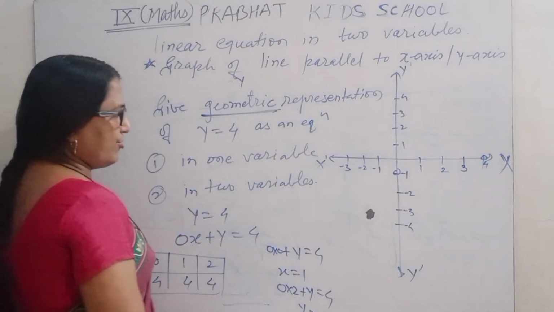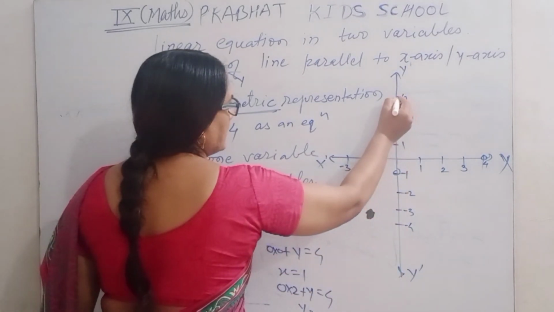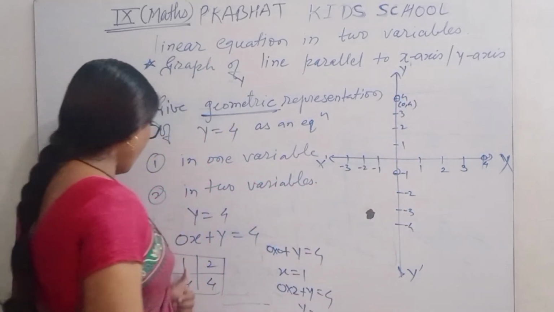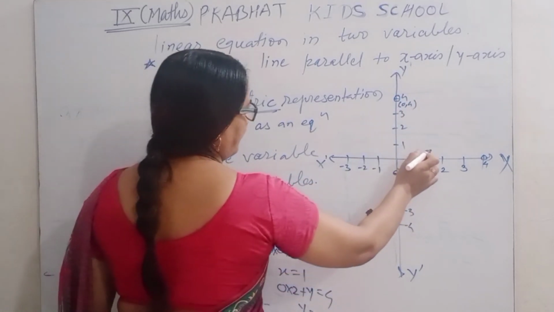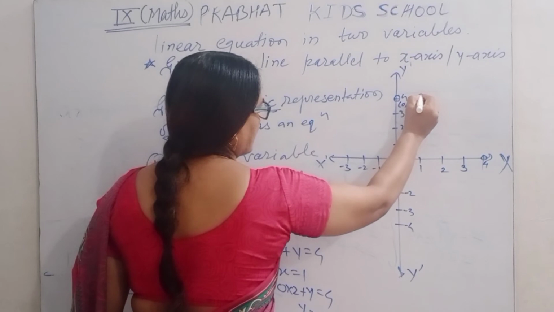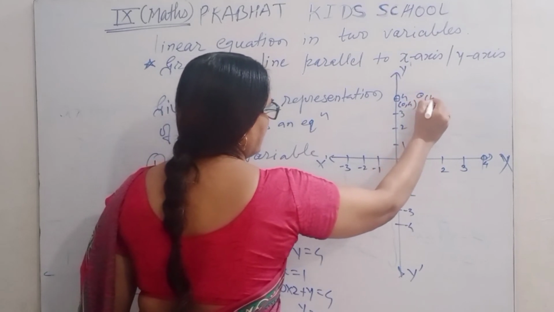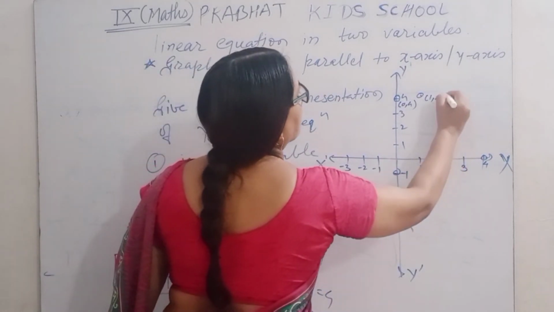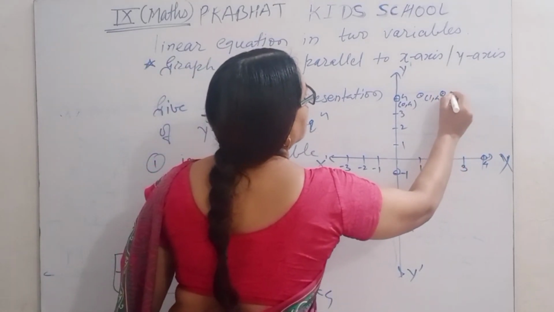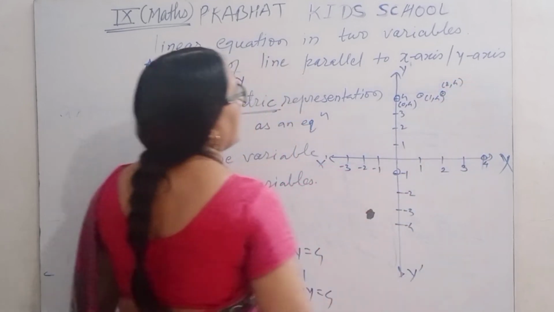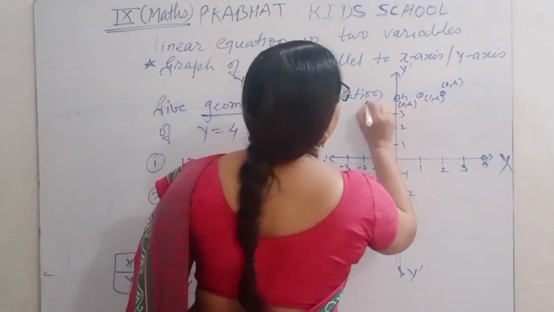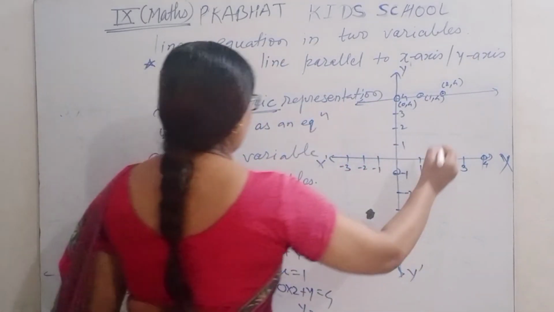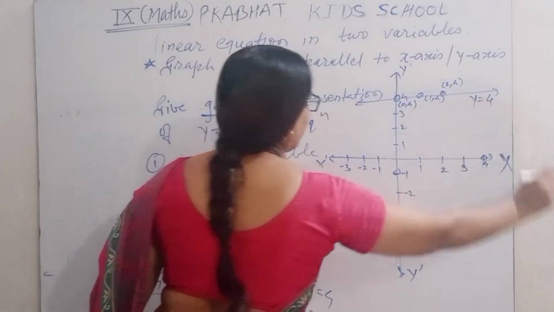First 0, 4 means here, the x coordinate is 0. Then 1, 4 means here. Then 2, 4 means here. Draw the line. This is the line of equation y is equal to 4.